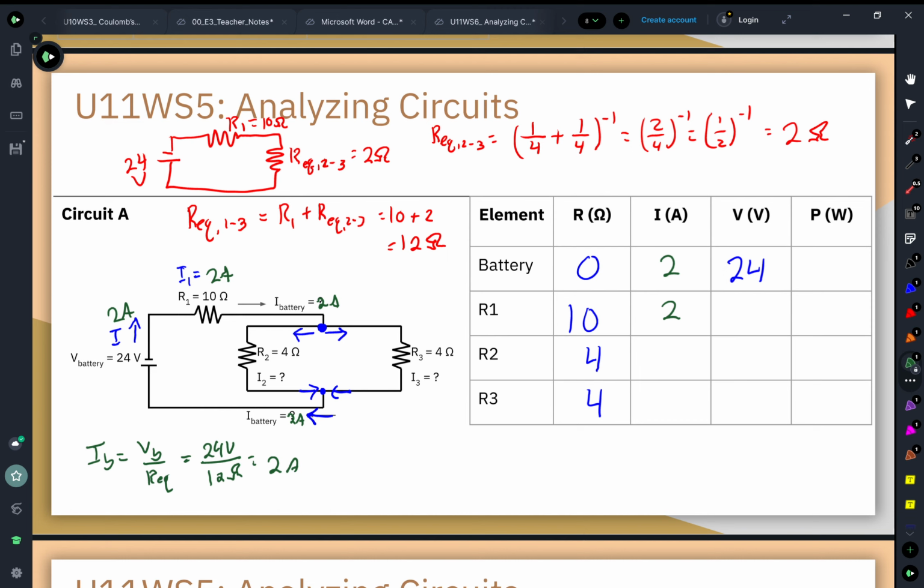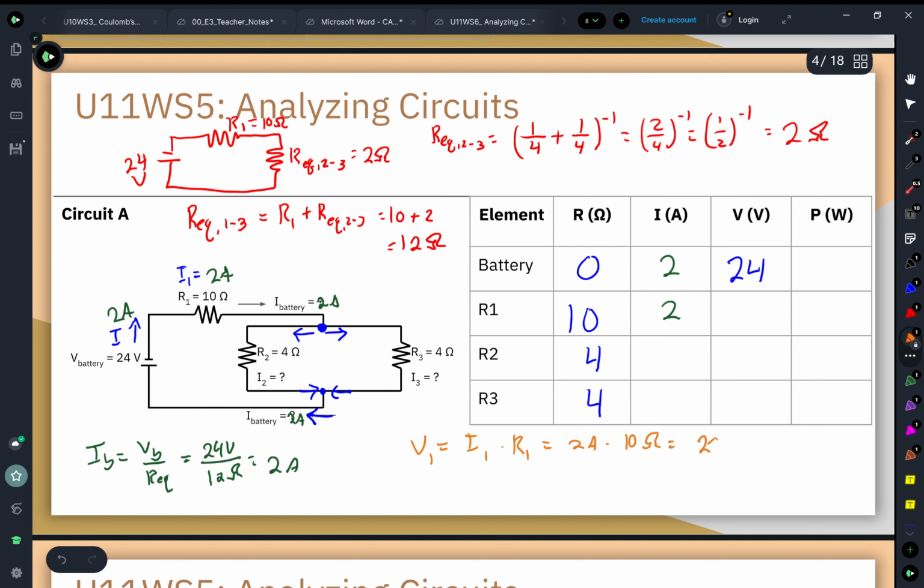The resistance of resistor 1 is 10 ohms, and we have a current of 2 amps flowing over that. If I know both the current and the resistance, I can even calculate the voltage. So the voltage drop across resistor 1 is equal to the current of resistor 1 times the resistance of resistor 1, just using Ohm's law. So the current is 2 amperes. The resistance across resistor 1 is 10 ohms.